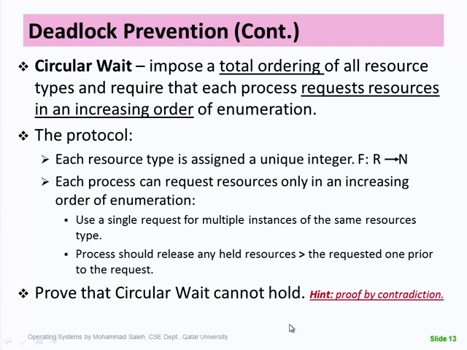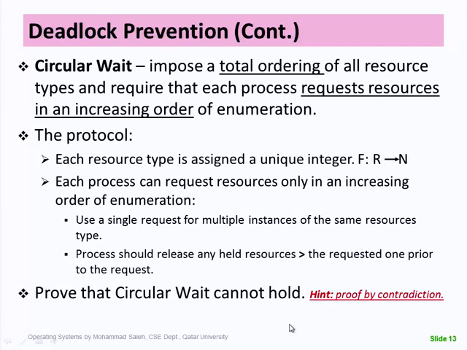P0, if it's currently requesting resources of P1, this means that the requested resources are of higher ID than what P0 having, right? Okay, now let's continue. P1 requesting resources from P2 means the resource IDs held by P2, which are requested by P1, are greater than the ones in P1.